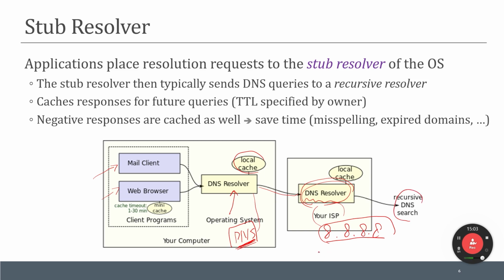And I think, if I remember correctly, the KT, Korea Telecom, DNS resolver is 168.126.63.1 and 2. These are all DNS resolvers. Also, the DNS resolver maintains a local cache as well.